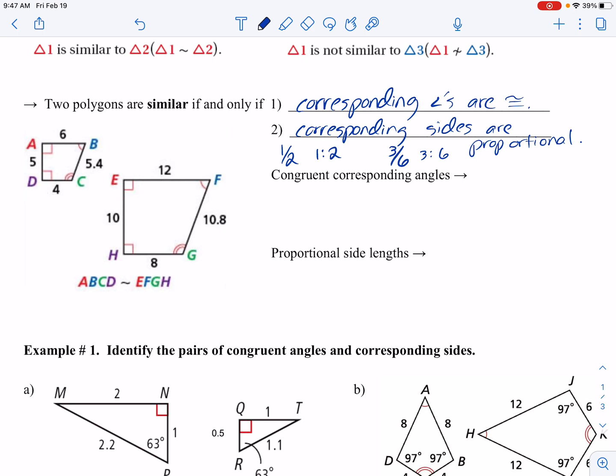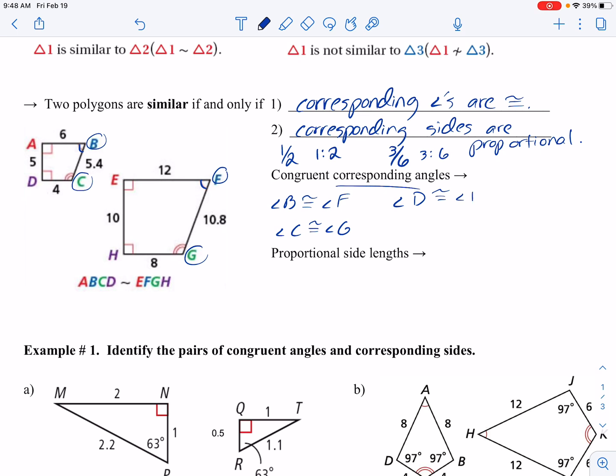Okay. All right, let's list some corresponding angles here. Corresponding angles map to each other. So B and F, you can see these both have one congruent marking on them. So angle B maps to angle F. These are congruent. C and G, angle C is congruent to angle G. And then we'll work our way around using the colors to help us out.